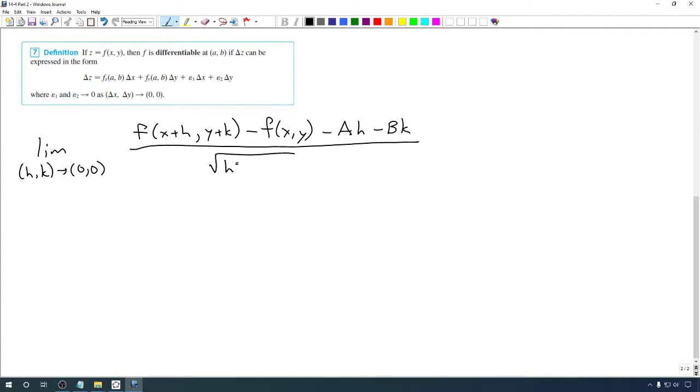This is the square root of h squared plus k squared. And as long as this goes to 0, then f is differentiable there.